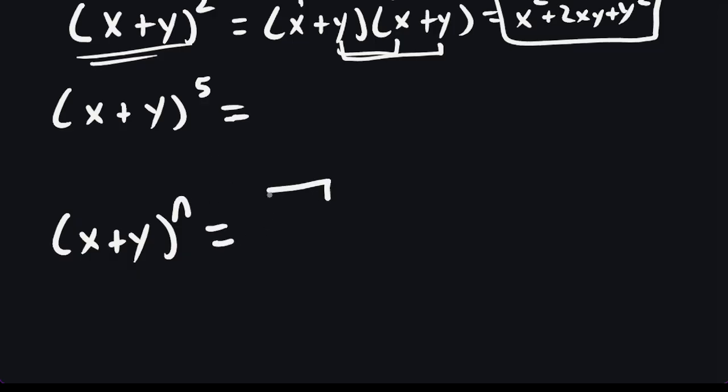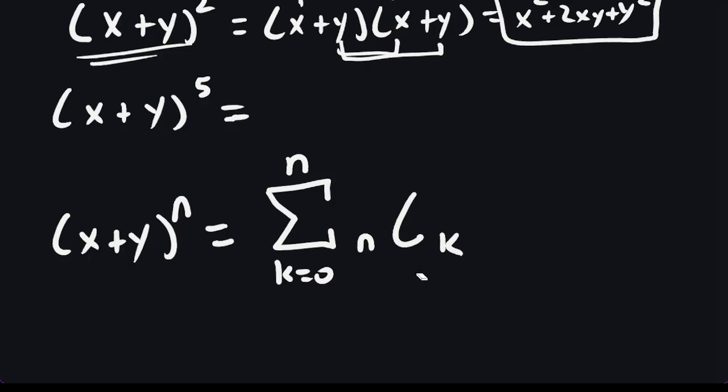This equals sigma, the summation from k equals 0 all the way to n, of n choose k. This is a combination, n choose k, times x to the power of n minus k, times y to the power of k.